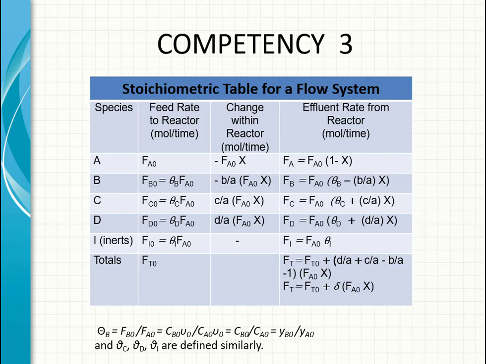And at the end, we will have FT, the total molar flow rate at the end, is equal to FT0, the total molar flow rate entering the reactor, plus the ratio of D divided by A plus C divided by A minus B divided by A minus 1, all that times FA0 times X. And we recall that the sum and difference of these stoichiometric coefficients is delta, which is the increase or decrease in the volume due to the reaction.